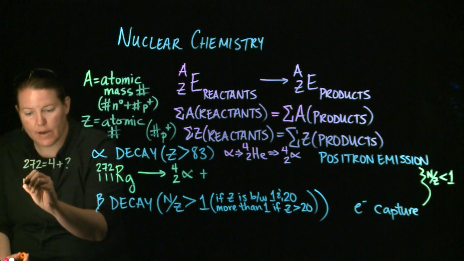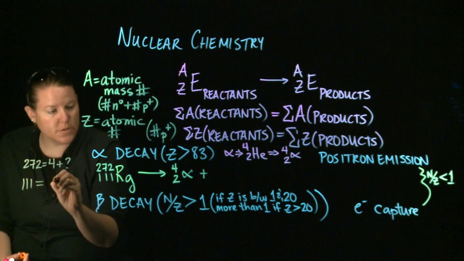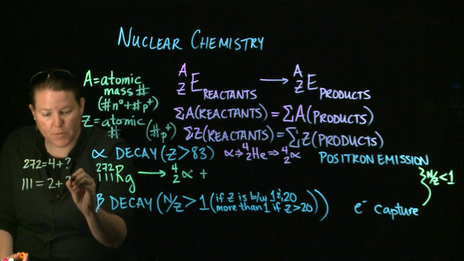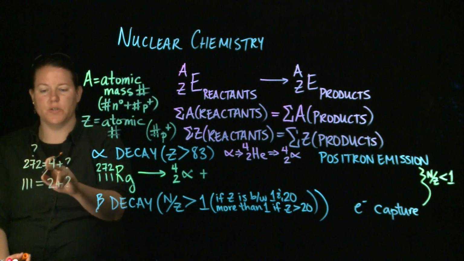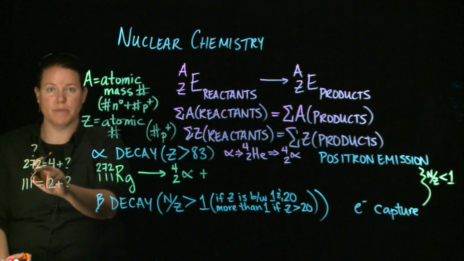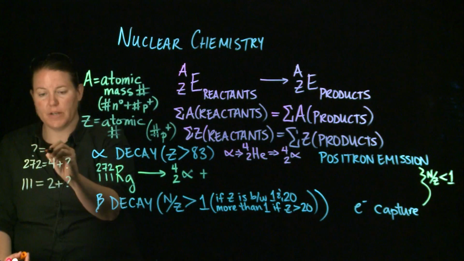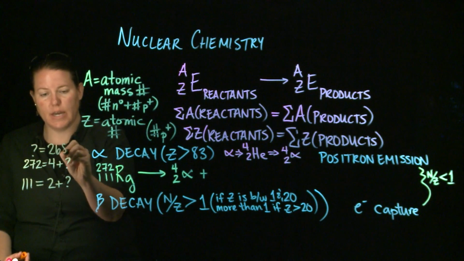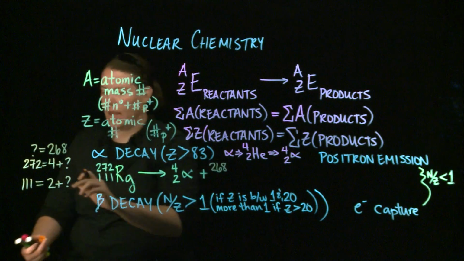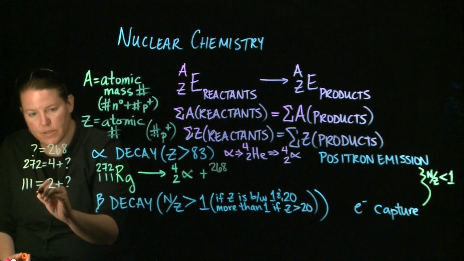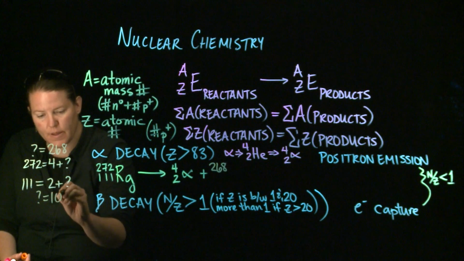And I also have to have 111 equal to 2 plus some number, right? So what is the number here? 272 minus 4, I'm going to move 4 to the opposite side. 272 minus 4 is 268, if I'm not mistaken. And 111 minus 2 is 109.